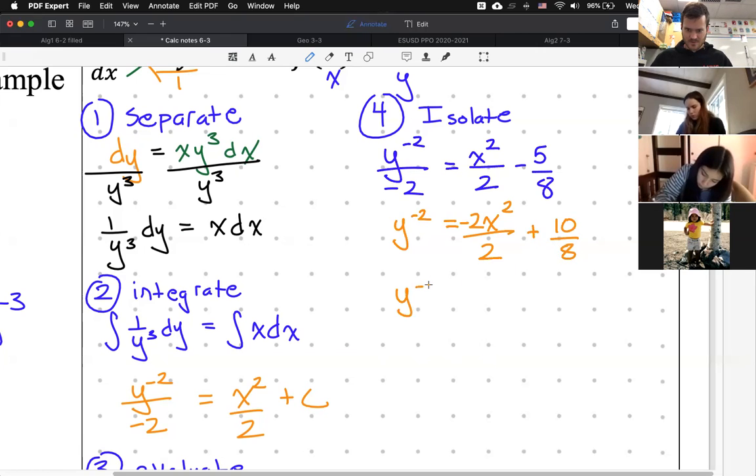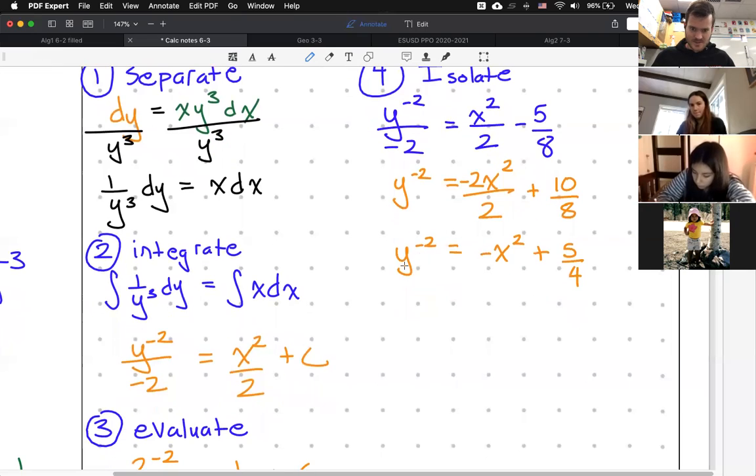So y to the negative 2 is really equal to negative x squared plus 5/4. Beautiful, all right. And this is going to be a little bit tricky now.